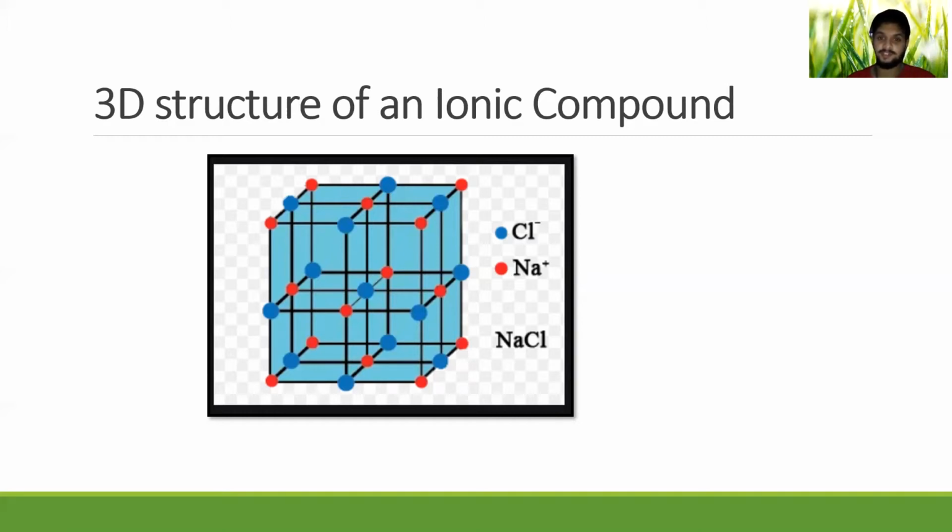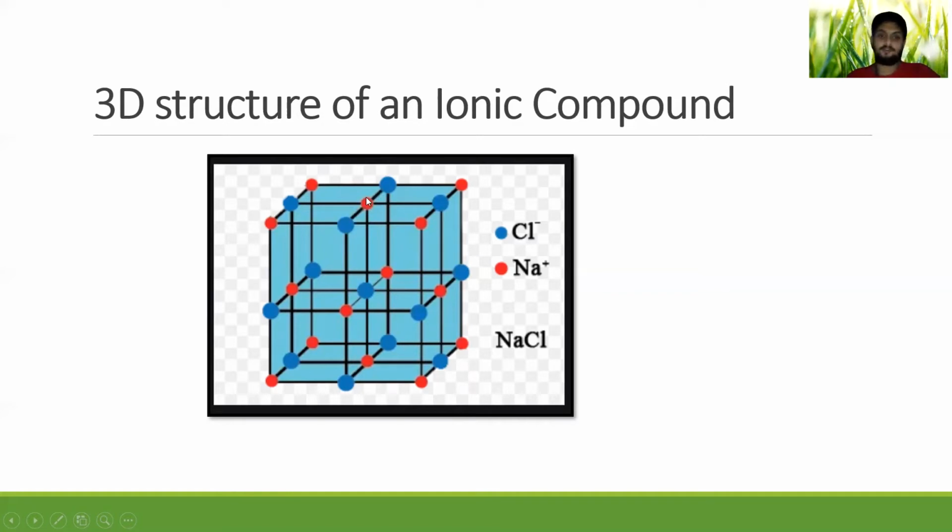So this is a 3D structure. You can see there are so many chlorines and so many sodiums. That means each positive charge and each negative charge are attracted to each other, so there's a very, very strong electrostatic force of attraction. For example, take the sodium on the topmost face, the middle one; the sodiums are in red.